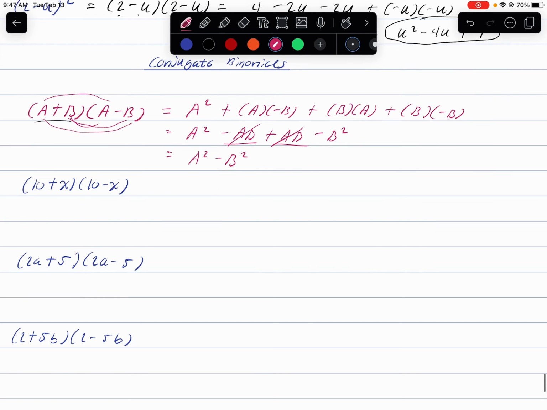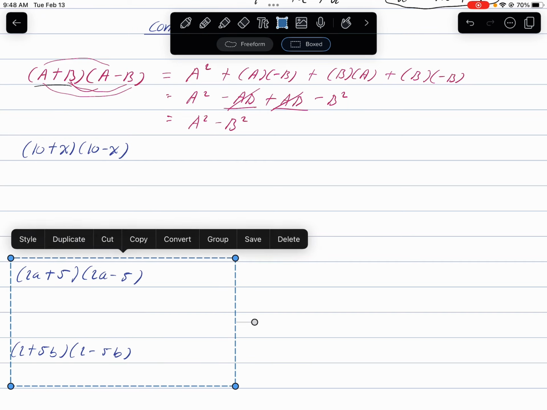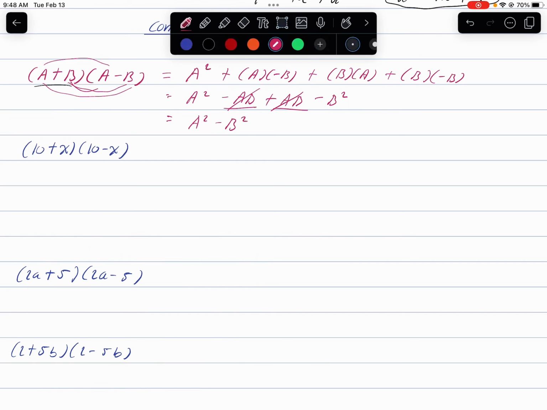So let's go ahead and do this example, 10 plus x and 10 minus x. And we're going to see that this actually works if we use both the FOIL technique and the conjugate binomial technique. So first, let's do it FOIL style. If we do 10 times 10 first, that's going to give us 100. 10 times negative x will give us minus 10x.